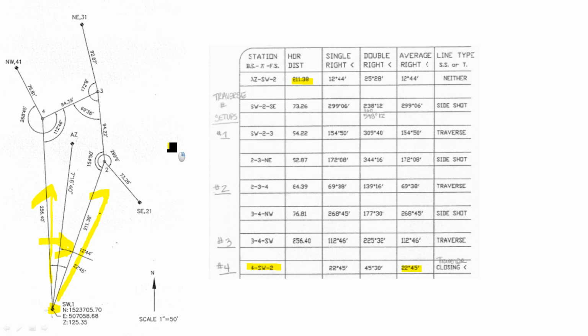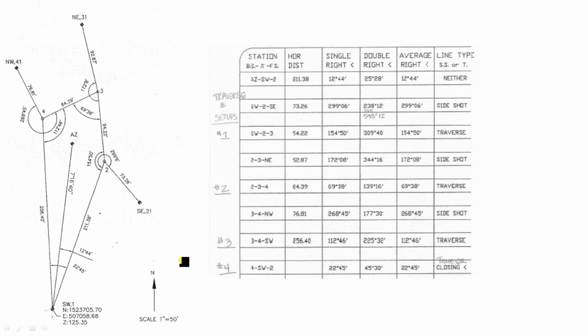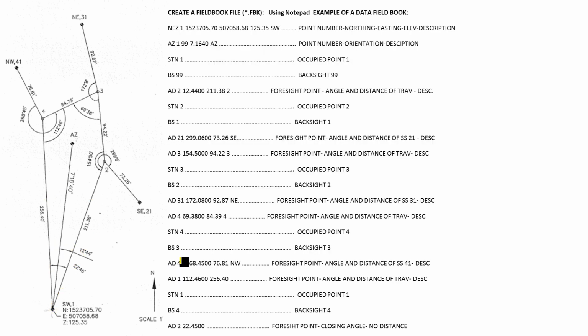Now, when we're looking at how the data is actually read in a field book, like I said, we're going to use Notepad to create this field data. All the information here is the only thing that we're going to type in. This information over here is not going to be typed in. The first line of code says NEZ 1.